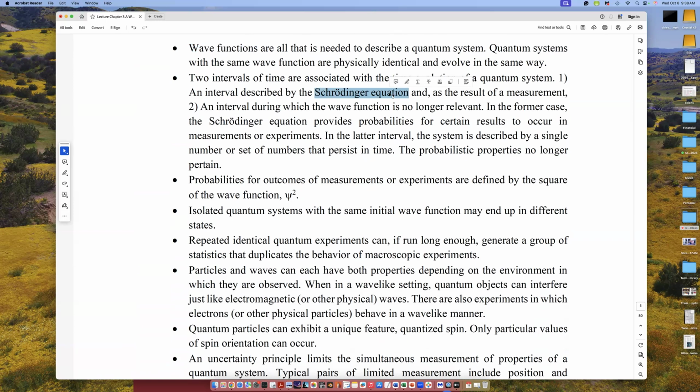This is his invention in 1926, 1927, that includes the influence of the environment of the quantum system. And if you understand that environment well enough to solve the equation, the result is the wave function. It's a mathematical function. And as I say, I'll show you some results later this morning.